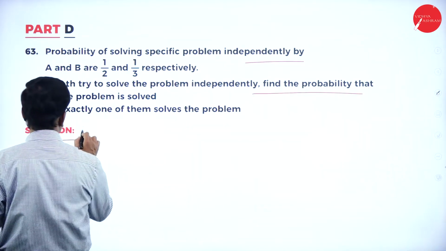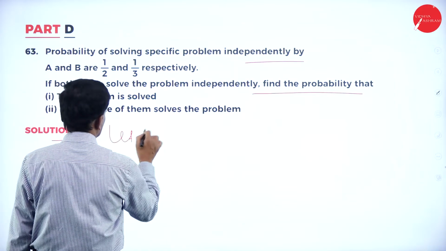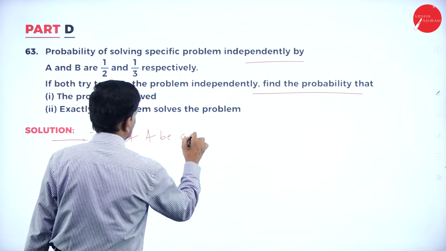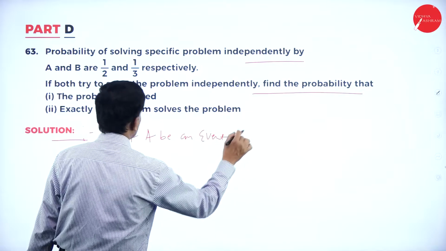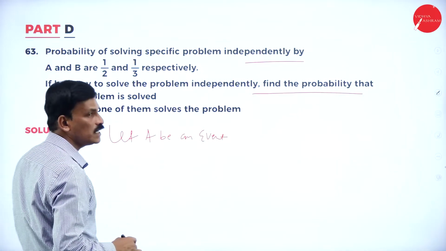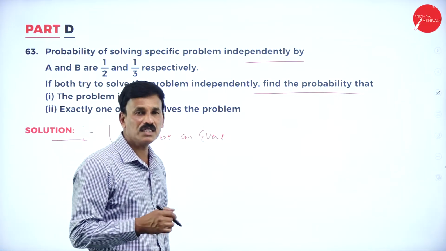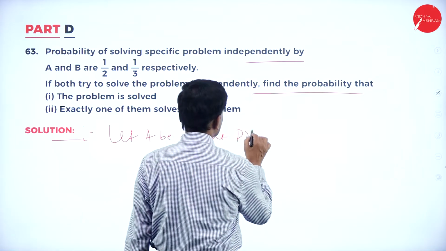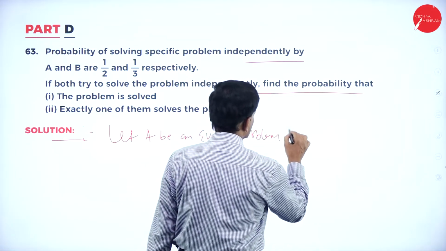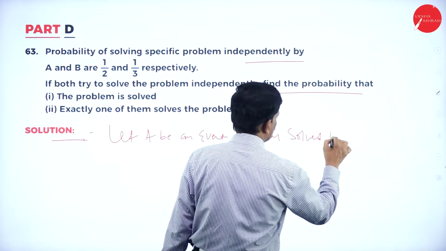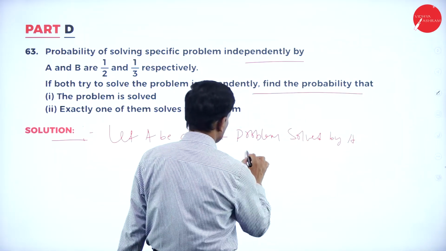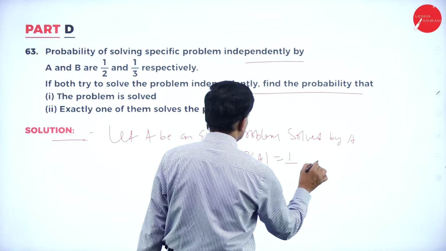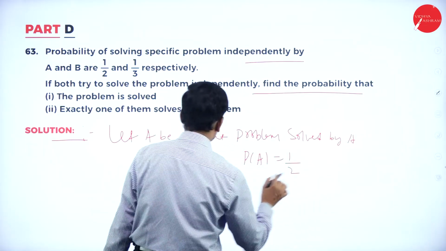Now, let us define that. Let A be an event that the problem is solved by A. Therefore, the probability of A is 1 by 2.